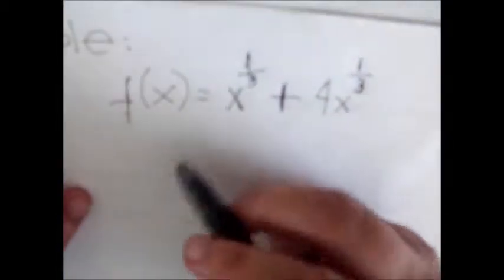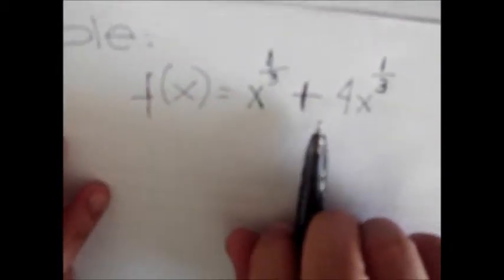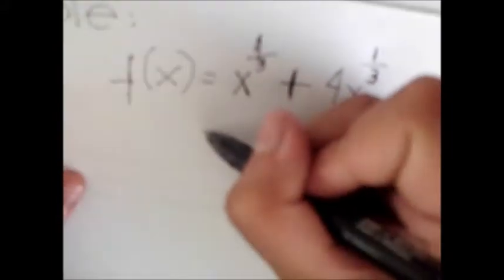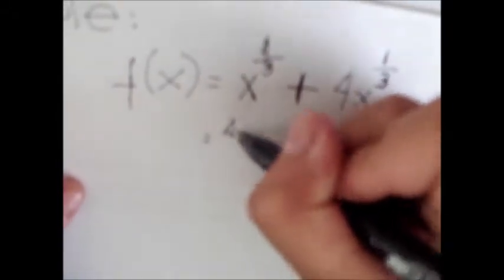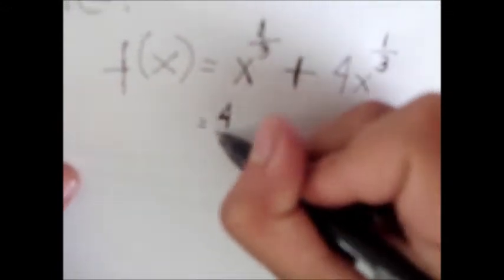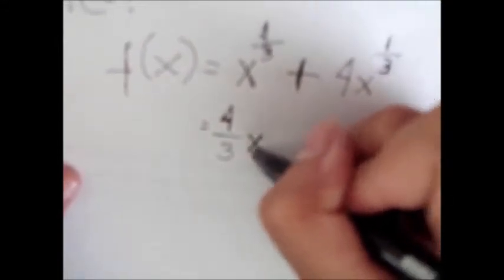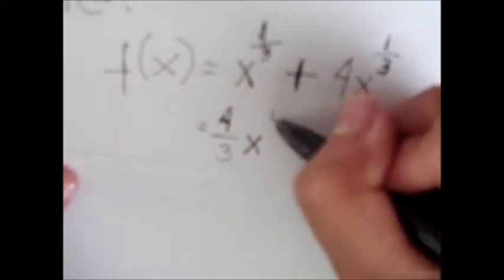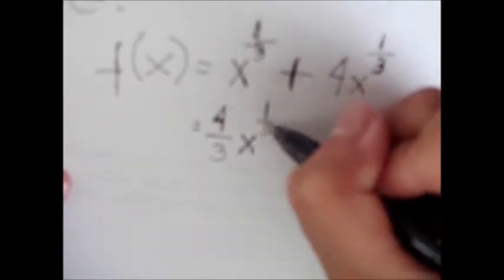To find the critical values, we find first the first derivative of this. The derivative of this gives us 4 over 3 times x to the power of 1 over 3.